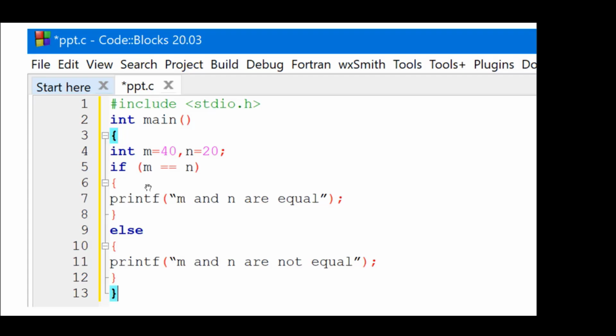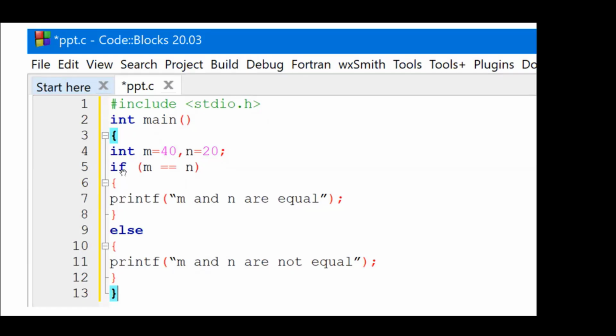So here you see that the if m and n uses a relational operator of equal, which means that if m is equals to n, in line 7, it should print on the screen that m and n are equal.